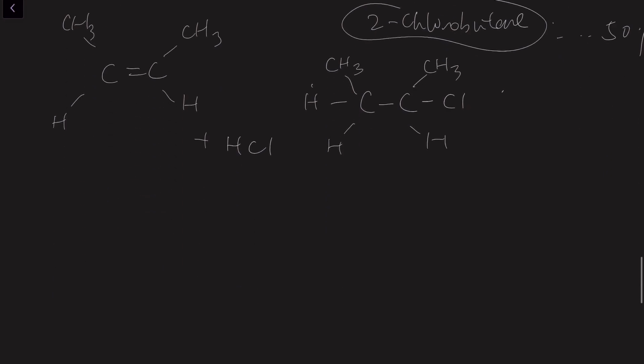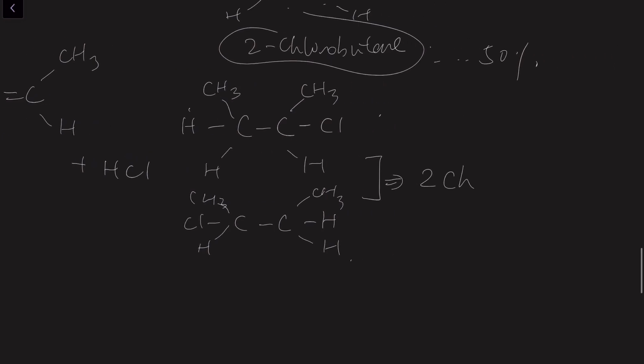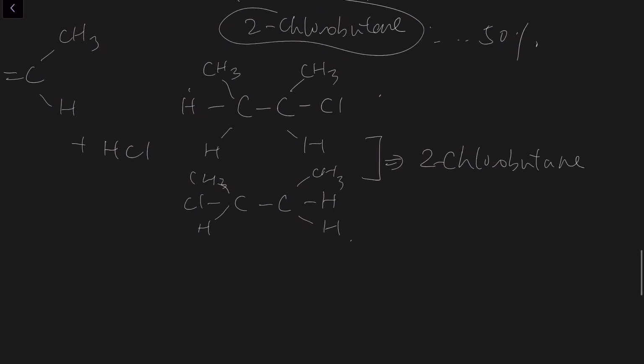And here you would notice that no matter which side you add the chlorine atom or the hydrogen atom, they are all just 2-chlorobutane. Because whatever arrangement you have, the chlorine atom is always connected to the second carbon.